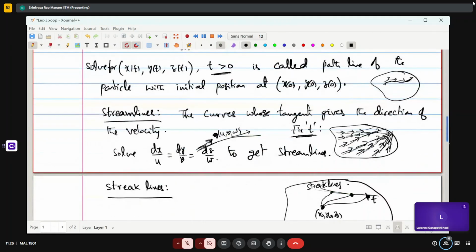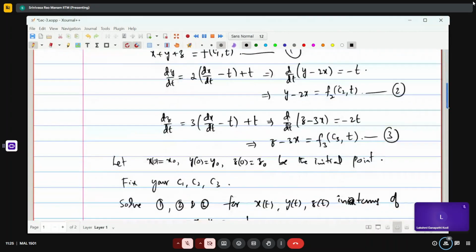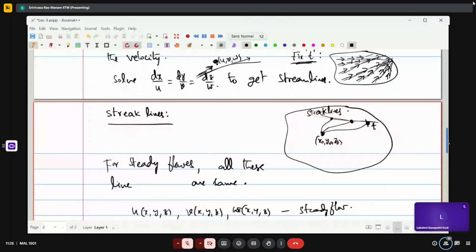Pathlines and streamlines are the same. If you look at the streakline also, this is coming, and immediately, since it doesn't change with time, whatever follows takes the same path.